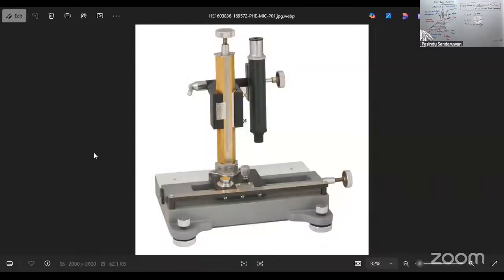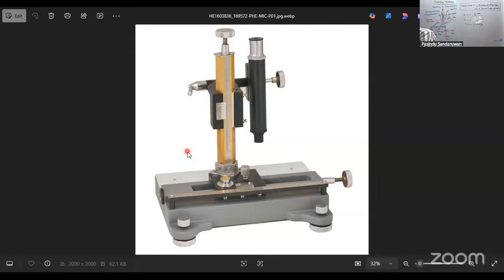Okay. Is it visible now? It's visible, right? Students? Yeah, visible.